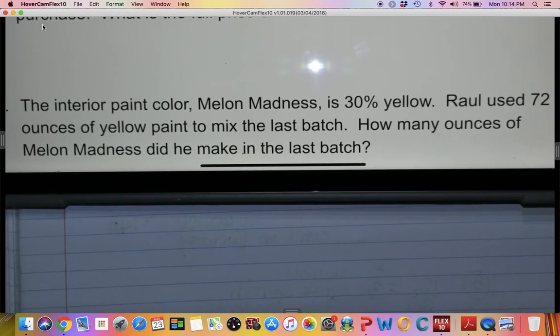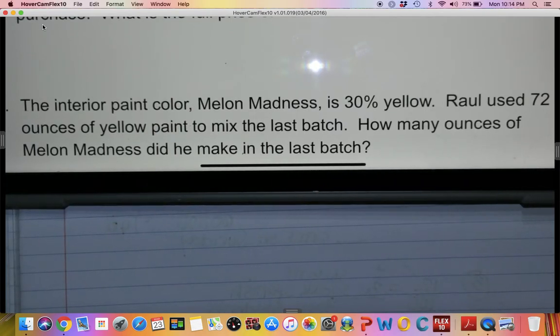So is 72 a part or a whole? Remember, only 30% is yellow. So some other part has to be a different color. So the 72 ounces of yellow is a part, which is going to go on top.